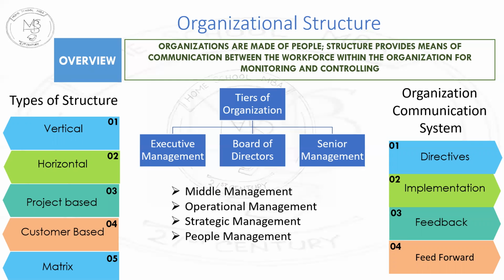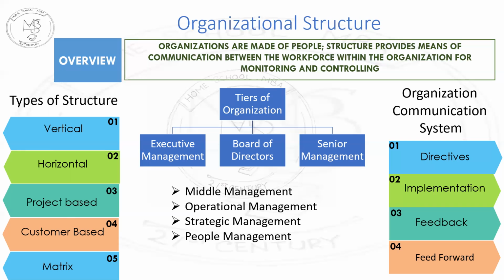Since organizations have different objectives, they can be structured differently. However, there are always tiers of organization. The tiers of organization means the levels of management. For example, General Motors has 26 tiers of organization.